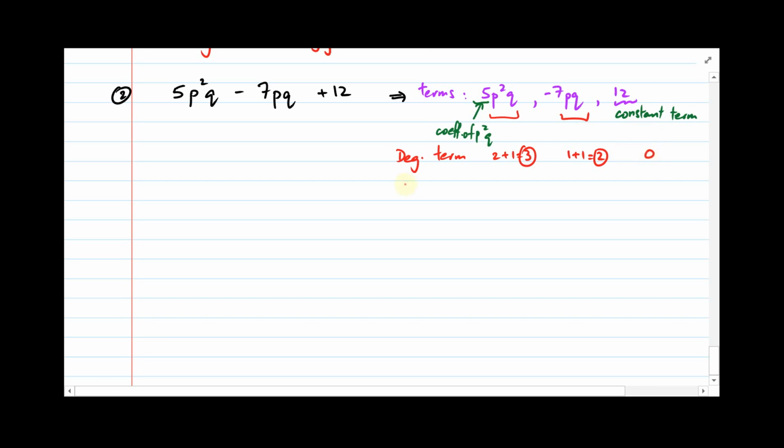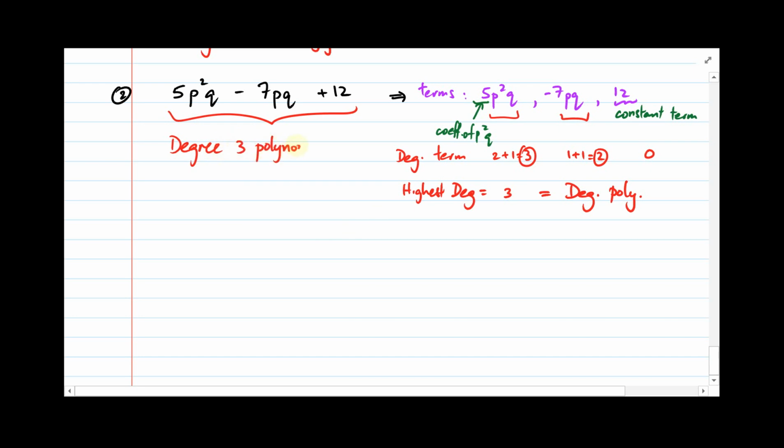So the highest degree is 3, and this will make it the degree of the polynomial. So we'll refer to this as a degree 3 polynomial in variables p and q, or simply in p and q.